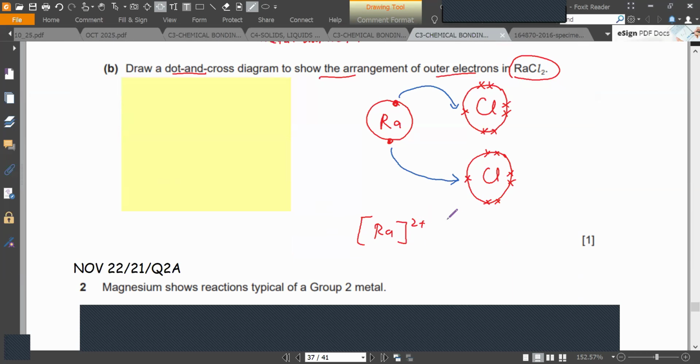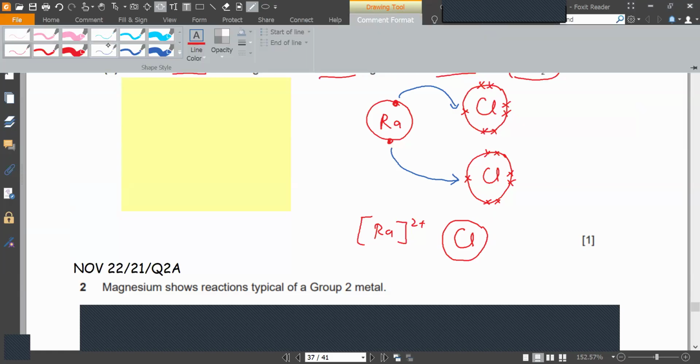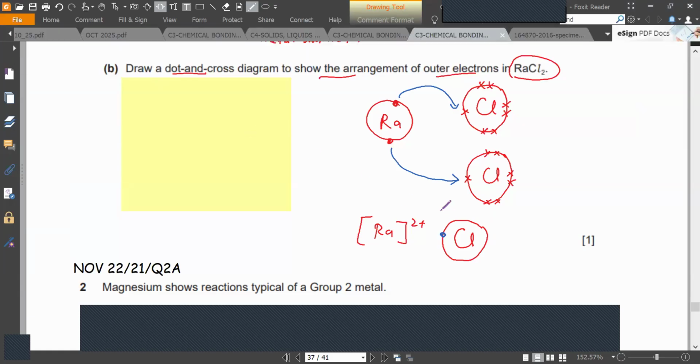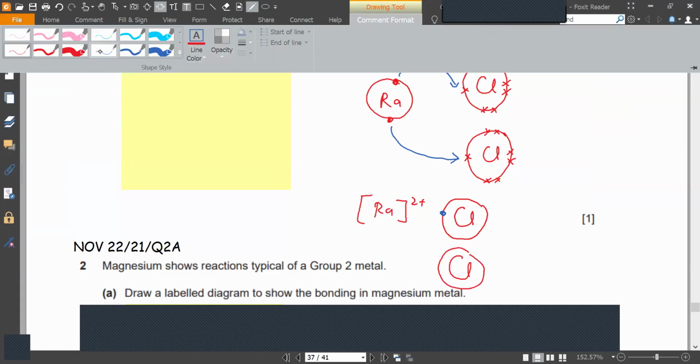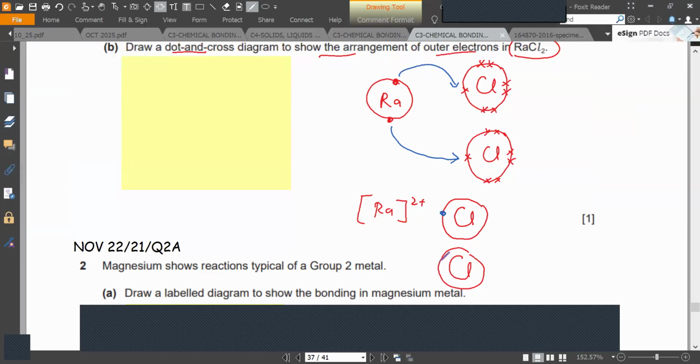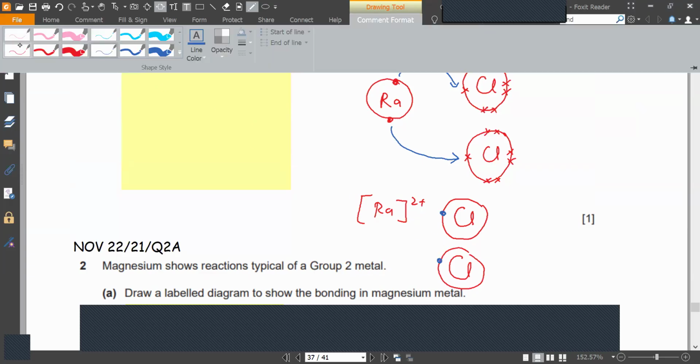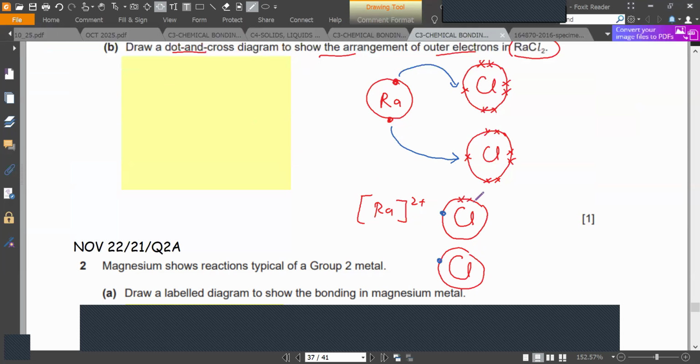And then the chlorine receives 1 electron from the radium, in addition to the 7 electrons they have at the start.